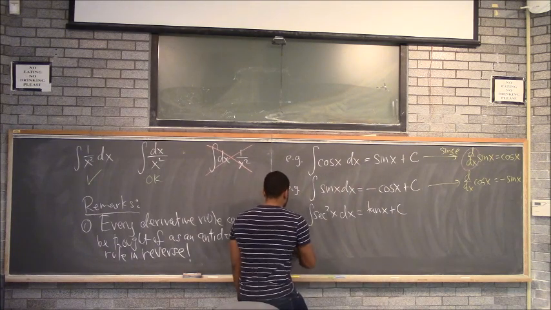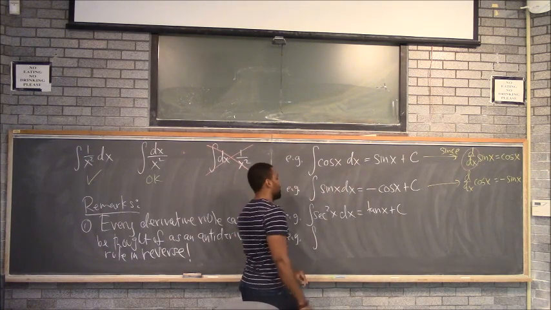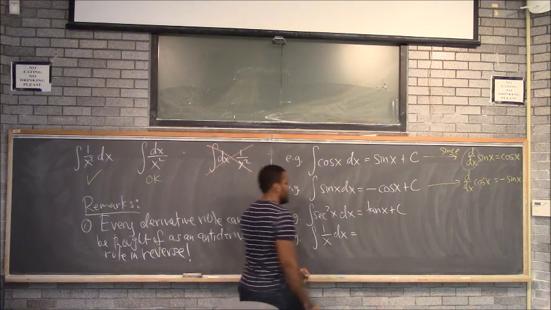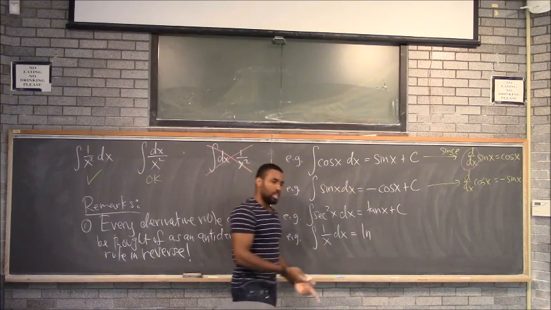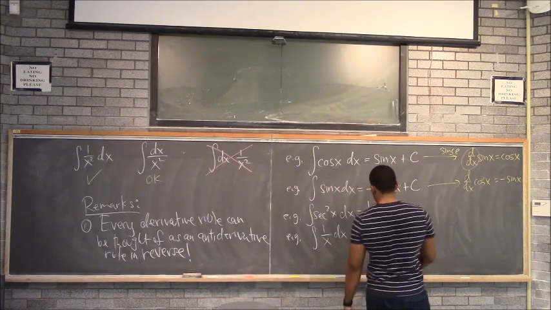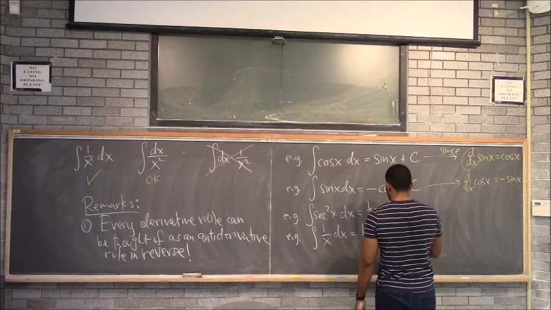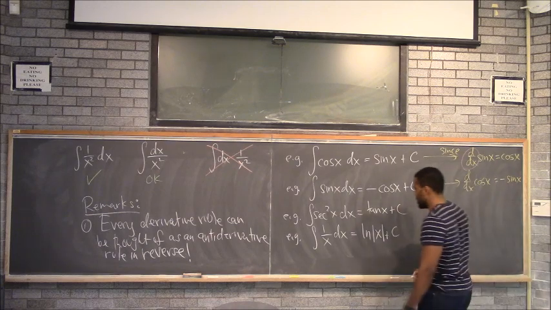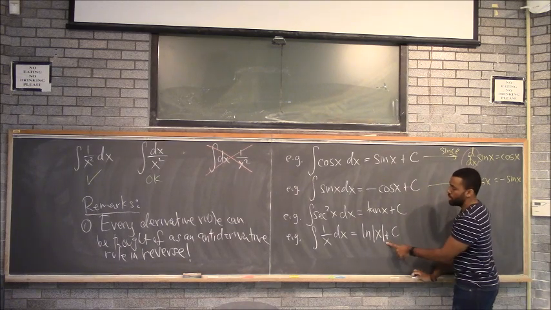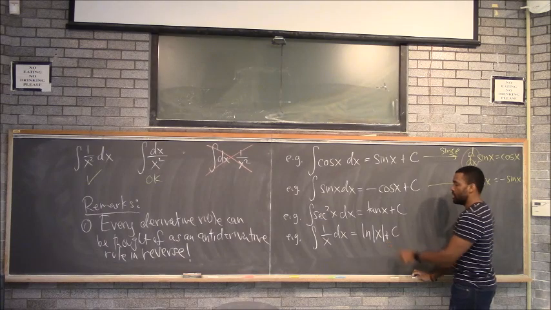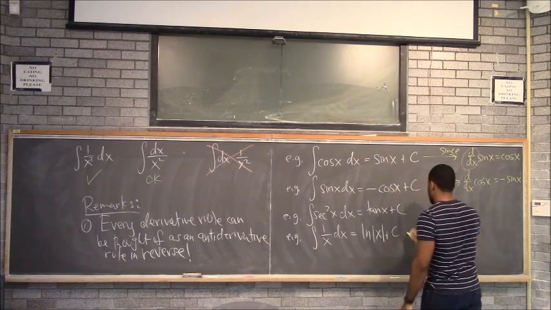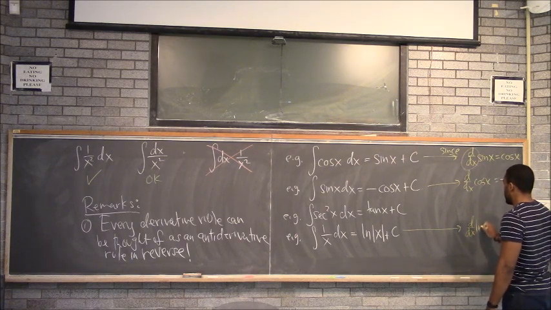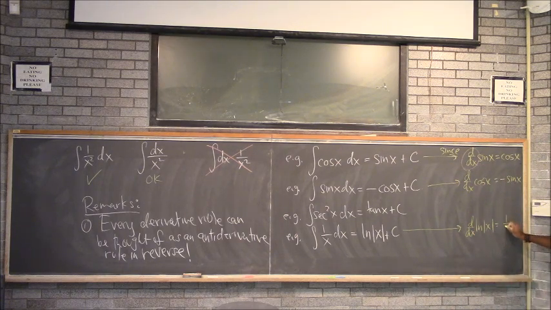So what about the antiderivative of 1 over x? Now, this one is a little bit weird, but I did actually prove to you that the derivative of ln of absolute value of x was also 1 over x. And this one is far more general because it also allows your x's to be negative. So it was derived for you that the derivative of ln of absolute value of x is 1 over x.